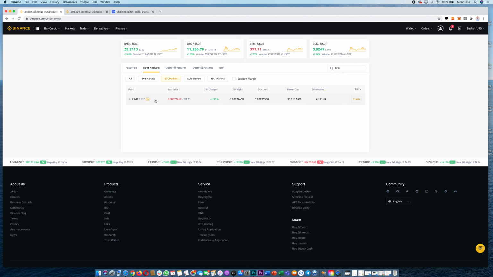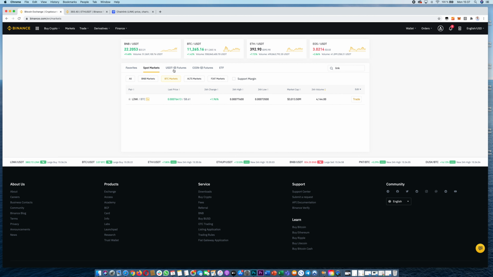You have to keep in mind that you can trade all currencies against Bitcoin on Binance. So sometimes you have to do 2 trades in order to buy the currency you want, depending on what your starting currency is.